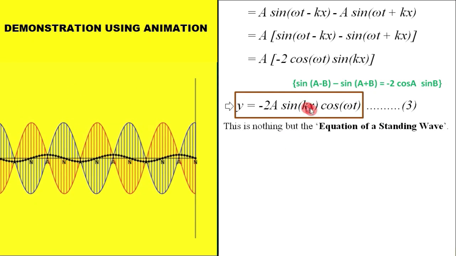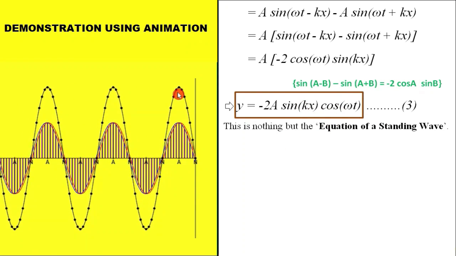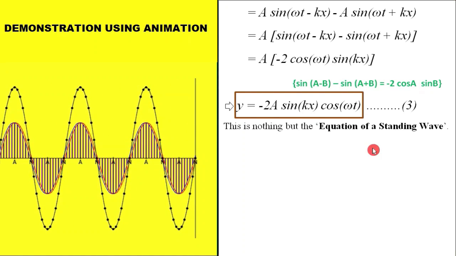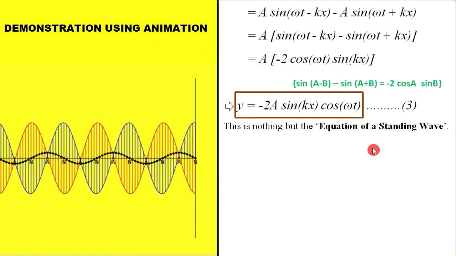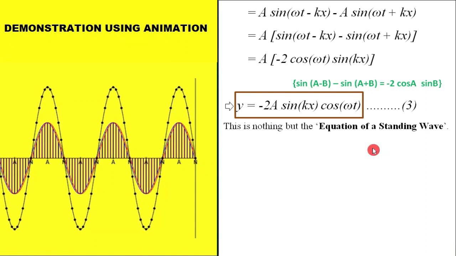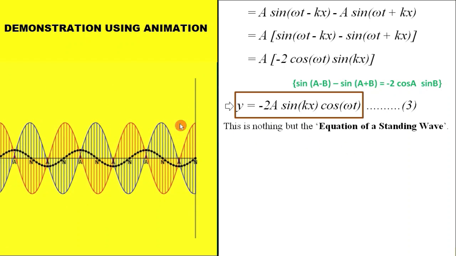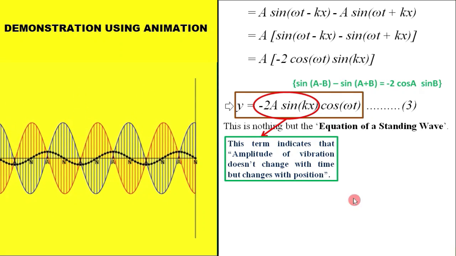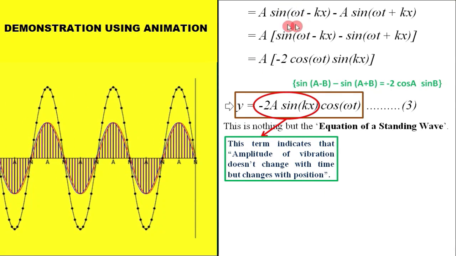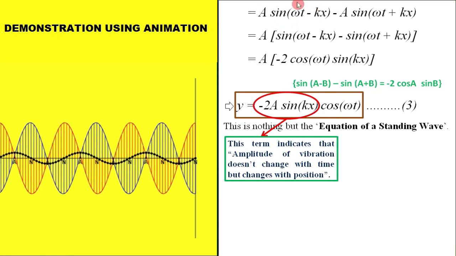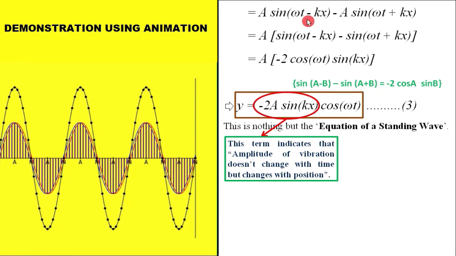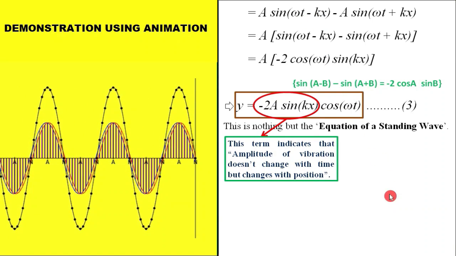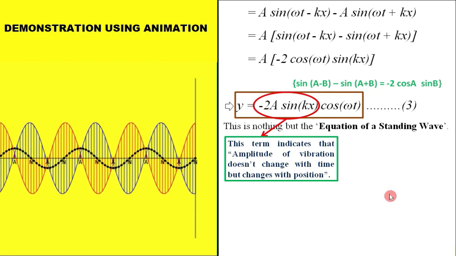Okay. So this equation is nothing but the equation of this black color wave, which is a standing wave. Now let us understand why that is known as a standing wave, and why the red and blue ones are known as progressive waves. In a wave equation, as you can see here, a sin(omega t minus kx), both omega t and kx are inside one function, either a sine function or a cos function.